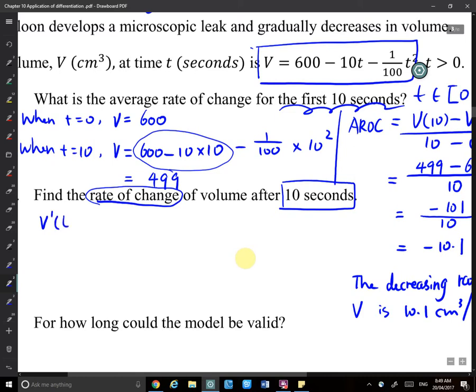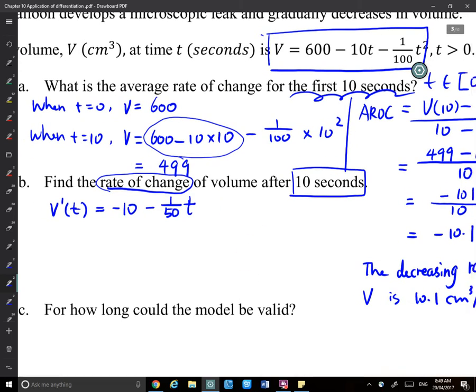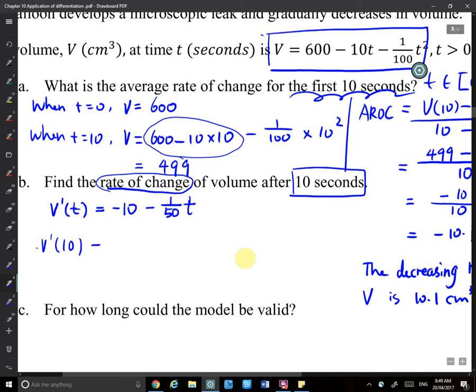So let's find V dash t first. V dash t is negative 10 minus 1 over 50 times t. If you differentiate, 600 becomes 0, negative 10t becomes negative 10, and minus 100 t squared: times 2 is 1 over 50, and subtract 1 from the power gives 1 over 50 t. So V dash 10 gives negative 10 minus 1 over 50 times 10. 10 times 1 over 50 is 1 over 5, which is 0.2.